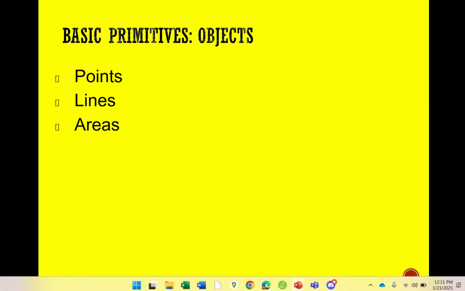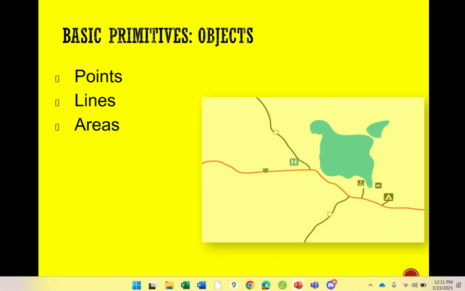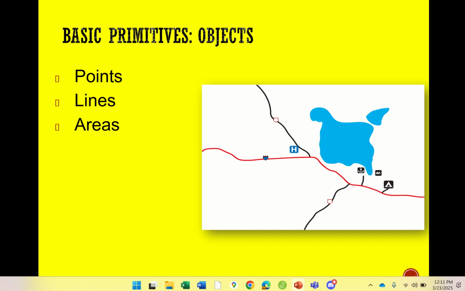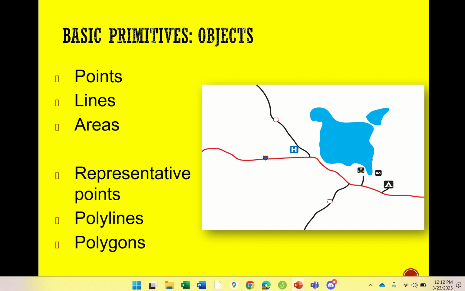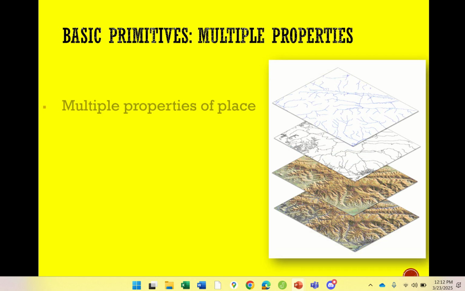And then we can also describe a geographic location physically or visually based on points, lines, and areas, right? Through something like we looked at in the lab, like a shapefile. So we can describe points, lines, and areas through polygons. Polygons describe areas, polylines describe a linear feature, and representative points describe point locations.